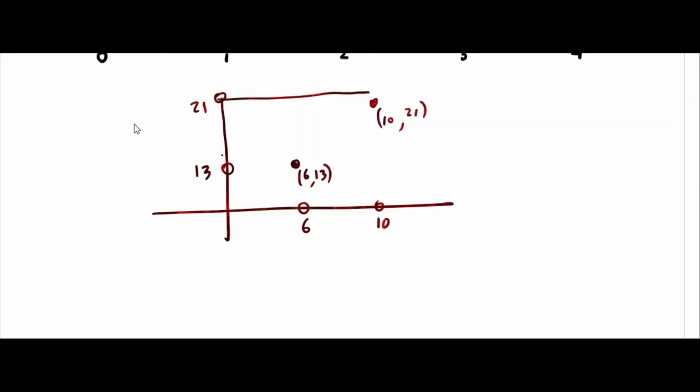You want to find the value at a point between these two, 6 and 10. So how do you find this? In linear interpolation, we assume that the changes will happen linearly. That means we use the equation of a line. This is x1 y1, this is x2 y2. We write y minus y1 is m into x minus x1.